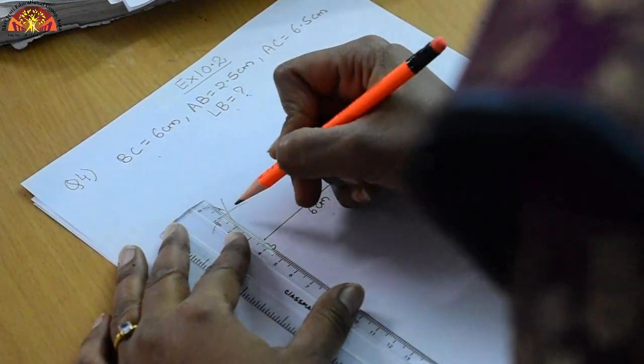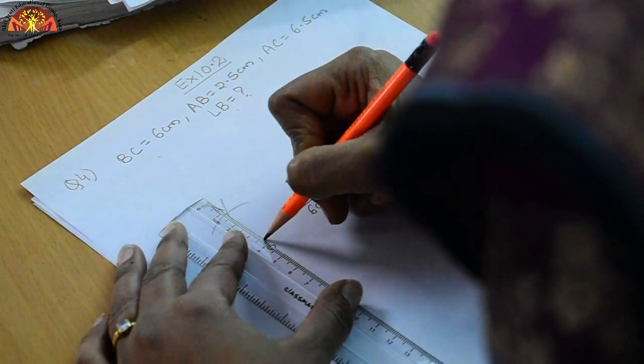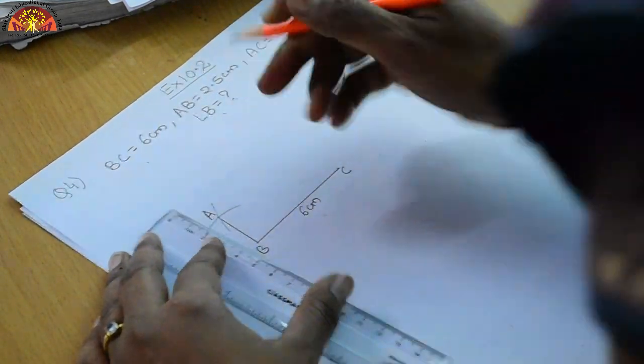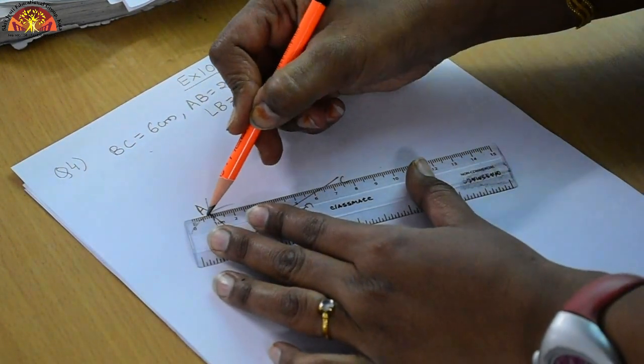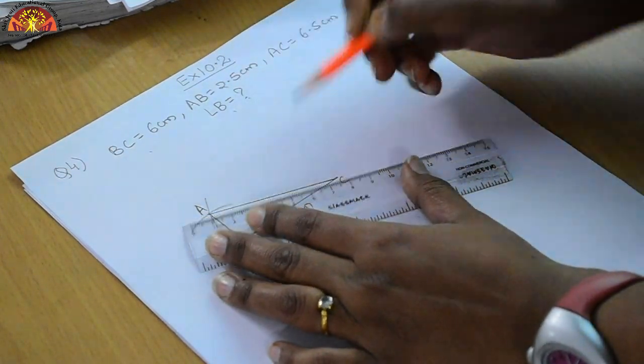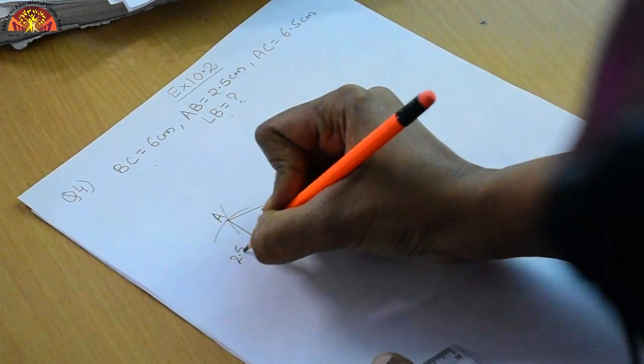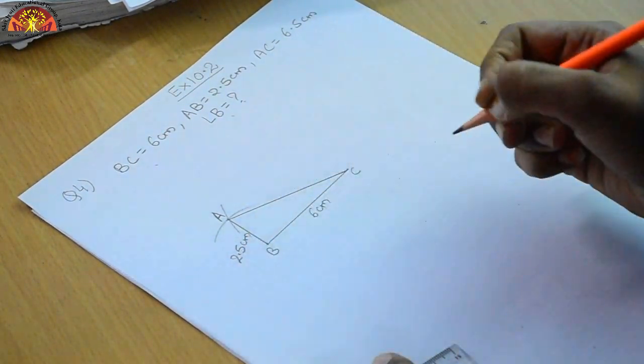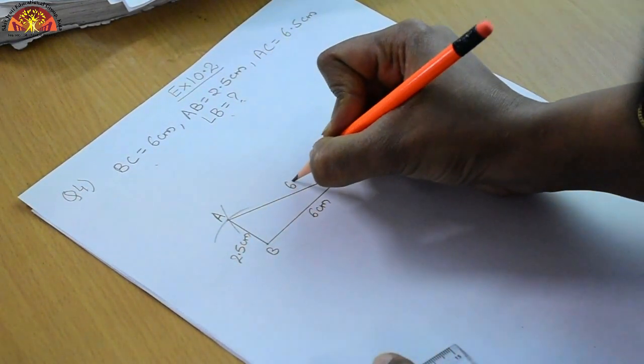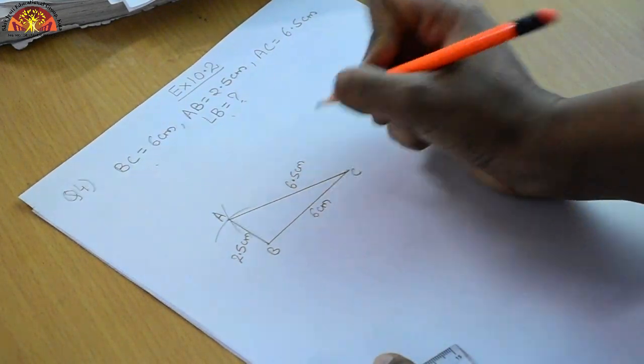Then join AB and join AC. Write the appropriate measurements. AB is equal to 2.5 centimeter and AC is equal to 6.5 centimeter.